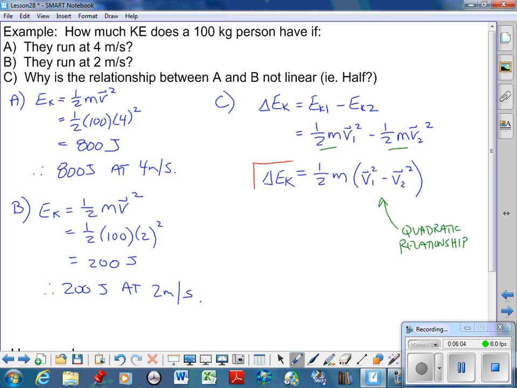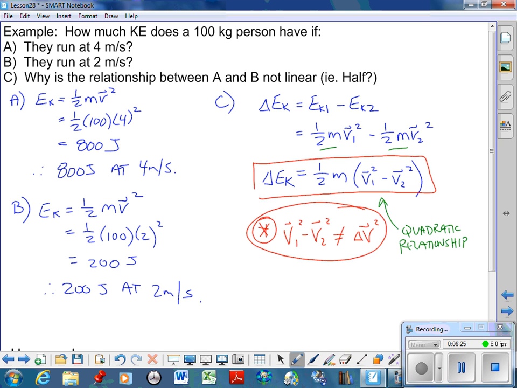The important thing is to realize that V1 squared minus V2 squared is not equal to delta V squared. All right, and I'll put this down here. So V1 squared minus V2 squared does not equal delta V squared. Okay? So very, very important.